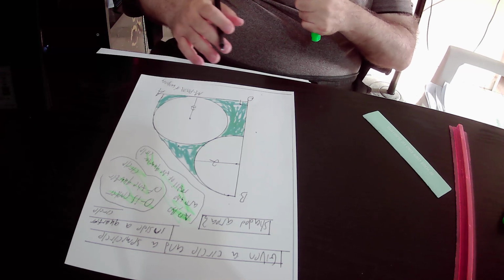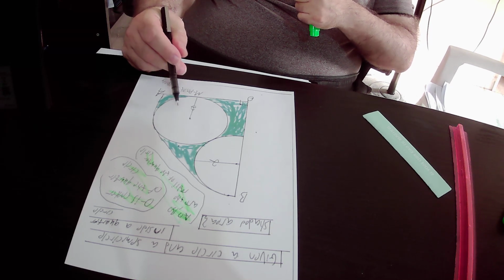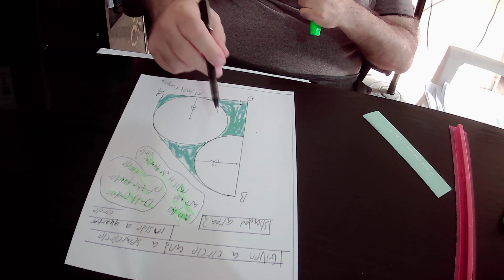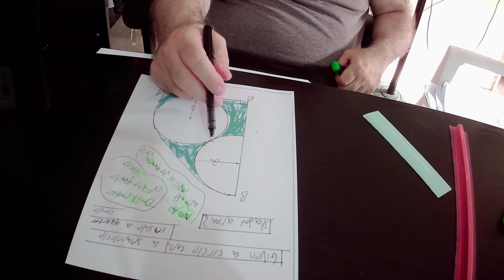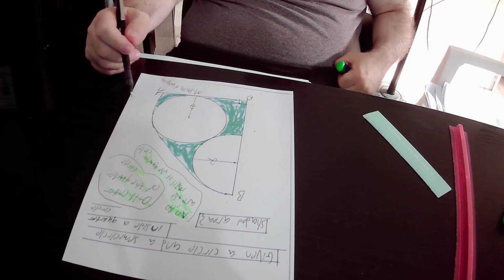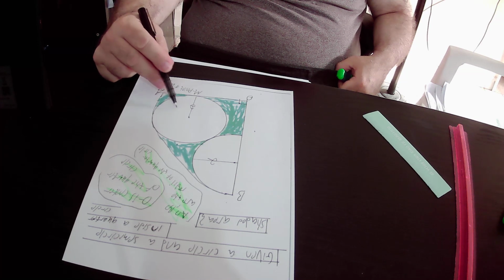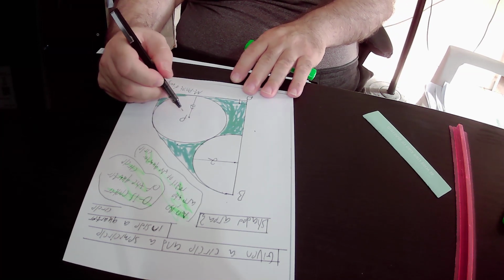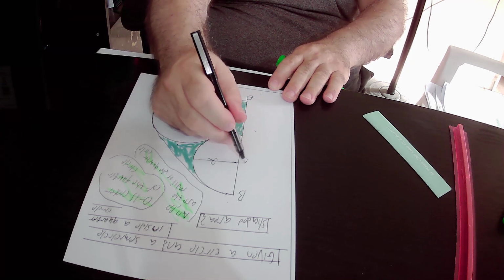I forgot to mention that the radius of this circle is equal to 2 units according to what is given in the question, and the radius of the semicircle is also equal to 2 units. We will define the center of this circle as point P, and the center of this semicircle as point Q.